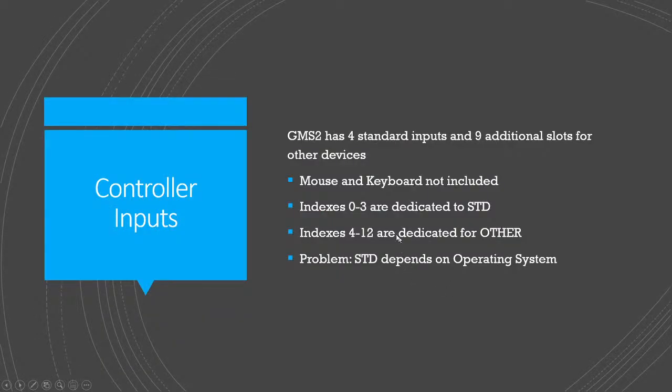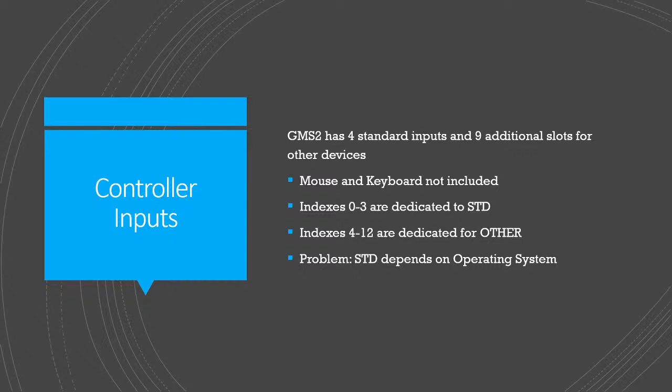All right, so GameMaker Studio has the capability of reading 4 standard inputs and 9 additional slots for other devices. There's a really weird thing about this. Standard depends on the operating system. So if you're hosting this game on a Mac, it will give the first slot, the first index, to the OS.